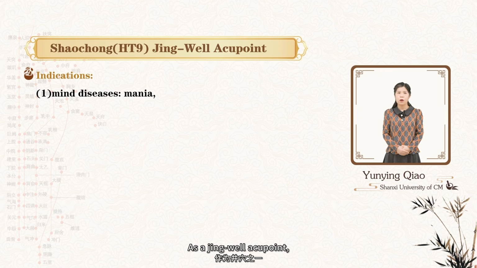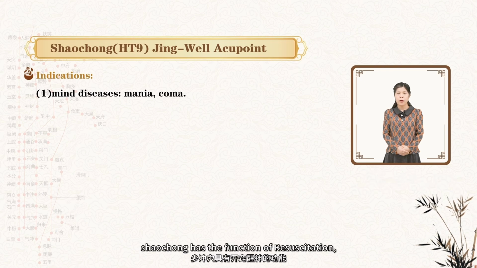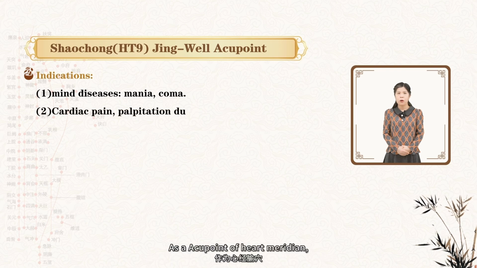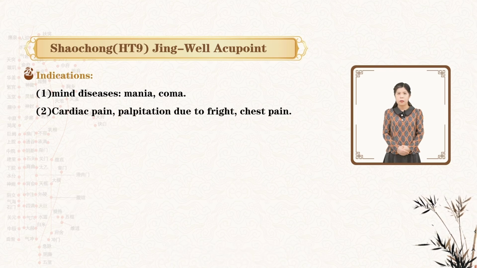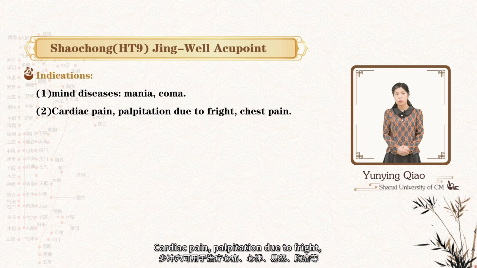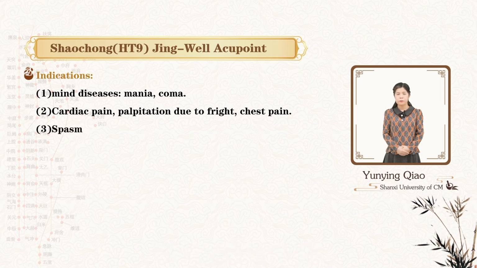As a jing-well acupoint, Shaochong has the function of resuscitation. Pricking to bleed, combined with other jing-well acupoints, can treat loss of consciousness, coma, mania, etc. As an acupoint of heart meridian, this acupoint also can be used to treat cardiac pain, palpitation due to fright, irritability, chest pain.